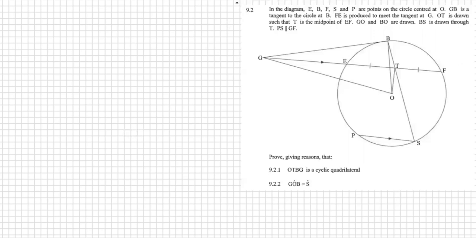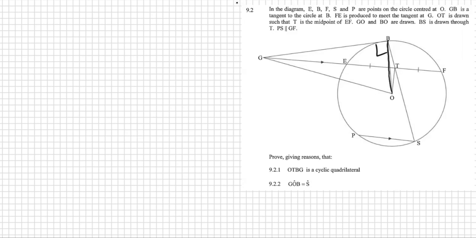We just clean that up a little bit to start looking at what we know. What we know is that GBO over here must be 90 degrees. That's because OB is a radius.